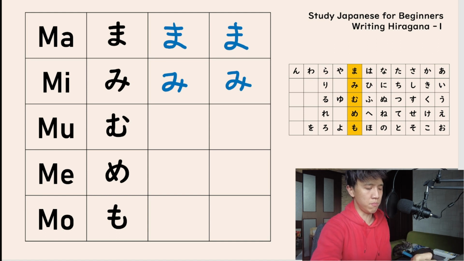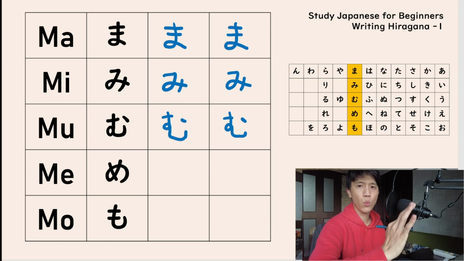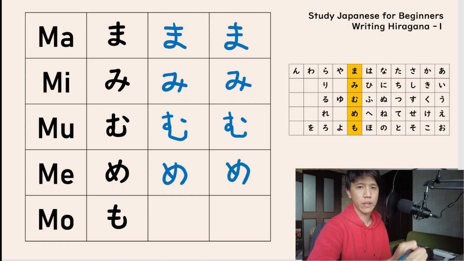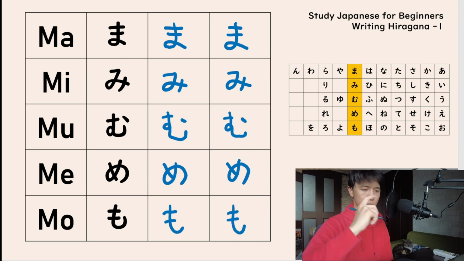Mu is 1, 2, 3. Okay. And the fourth one is me. 1, 2. And the last one is mo. 1, 2, 3. Okay. Ma, mi, mu, me, mo.